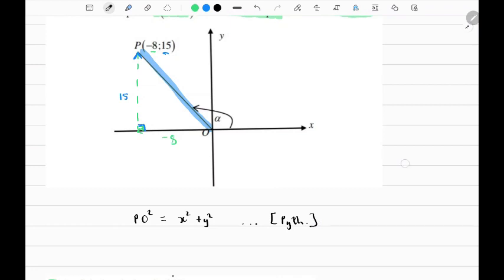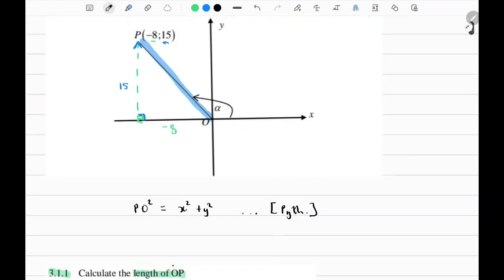So now we can substitute: x squared would be -8 squared plus y squared is 15 squared. So -8 squared is 64 and 15 squared is 225, which gives us 289.